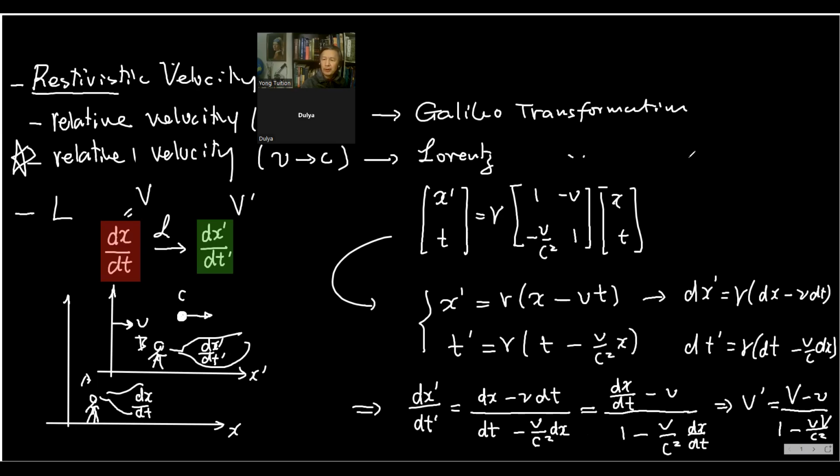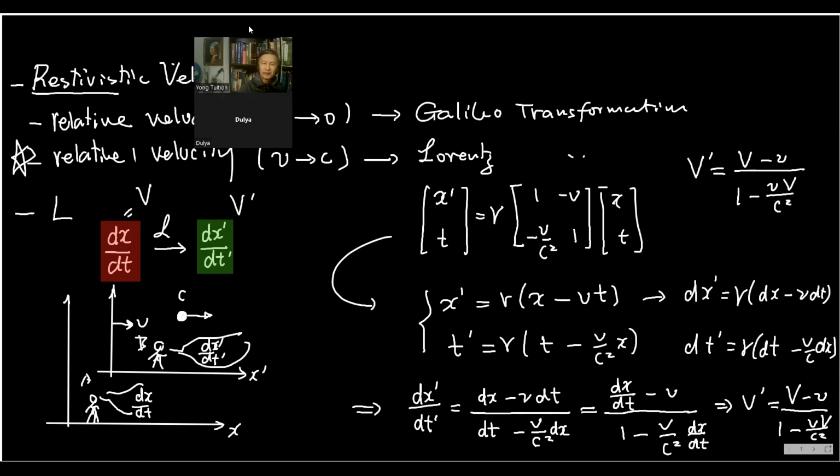I can write the formula here. So the velocity relative to frame B is equal to the velocity relative to A, take the relative velocity between the two frames, and divided by 1 take v, the small v, multiplied by the big V, and divided by c squared. So that is based on the Lorentz transformation.